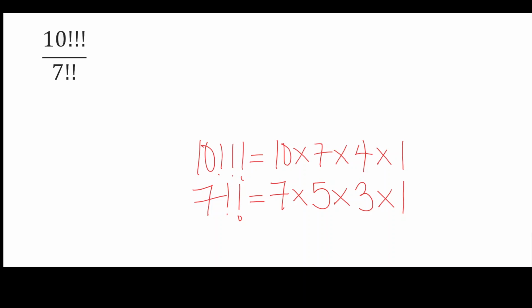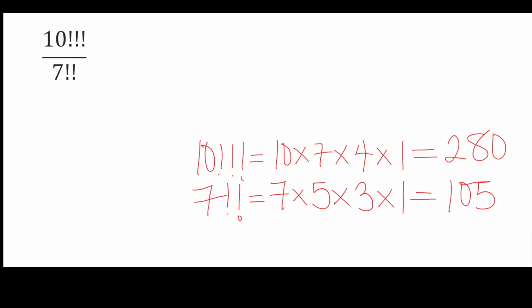So all I just need to do is multiply this. So we have 10 times 7, then times 4. That's 280. So 10 triple factorial is 280, while 7 double factorial is 105. So we have been able to get both of them done.